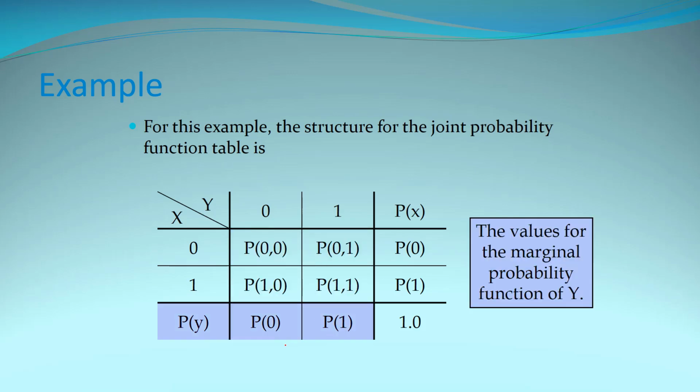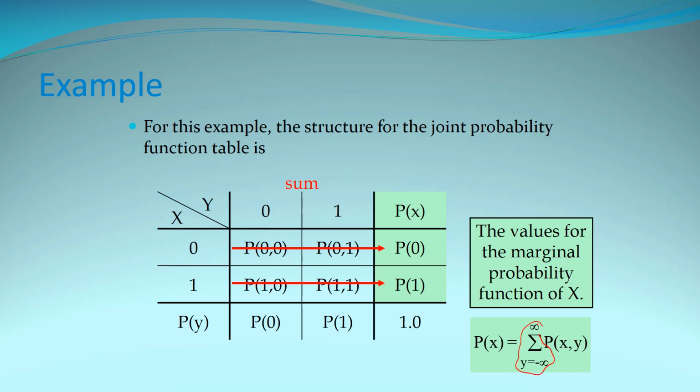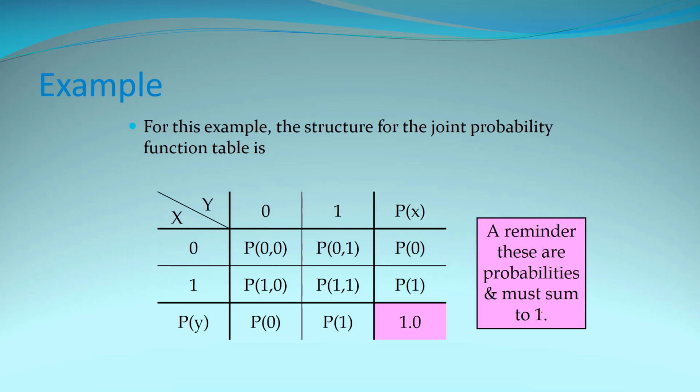Here we've got the values for the marginal probability function of y, and that's just the summation, notice, as it's coming on down, of all the x's. In a similar way, the marginal probability function of x is shown here, and that's just taken by adding up over all of the y's.